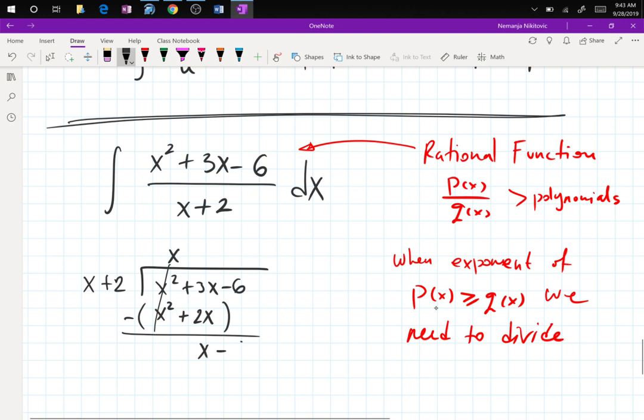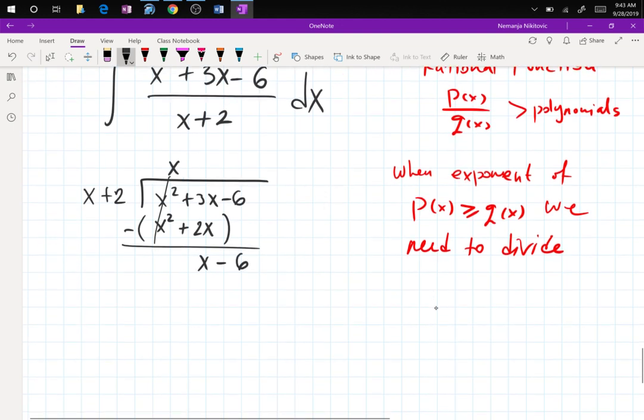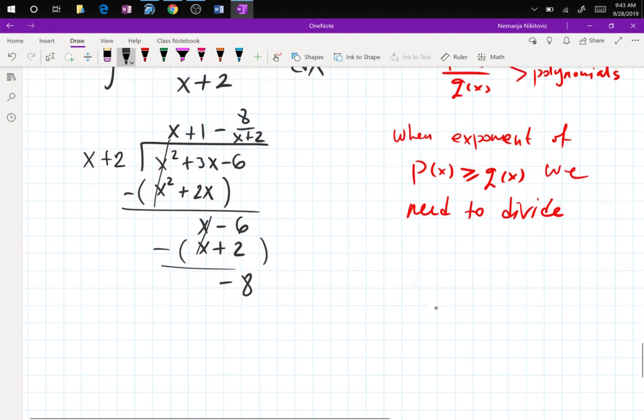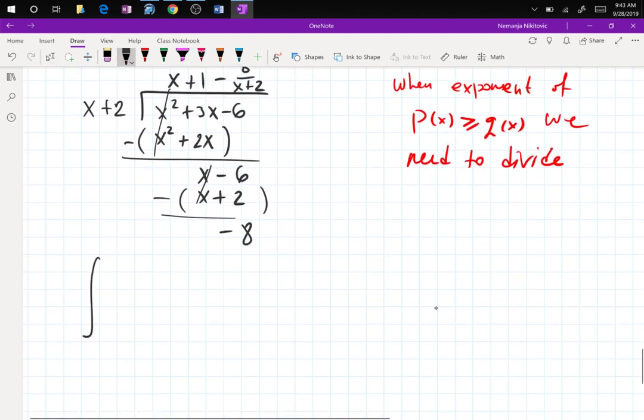You have x minus 6. x goes into x plus 1 time. 1 times x plus 2 is x plus 2. Then you subtract it. These cancel. Negative 6 minus 2 is negative 8, which means the remainder is negative 8 over x plus 2. So this integral is x plus 1 minus 8 over x plus 2 dx.